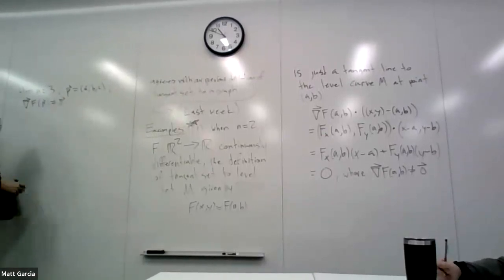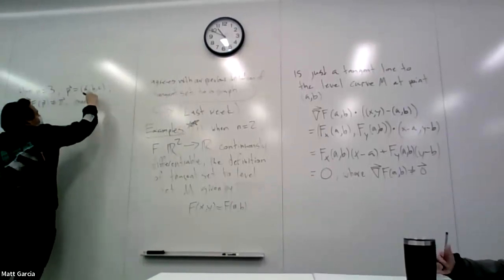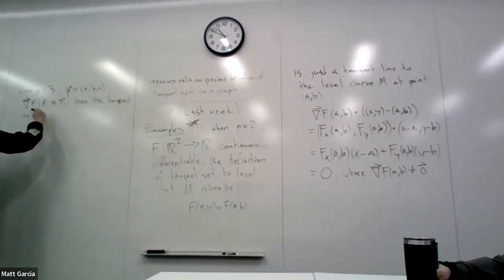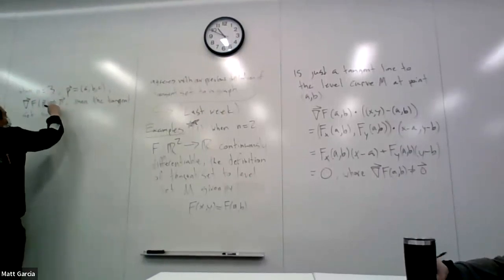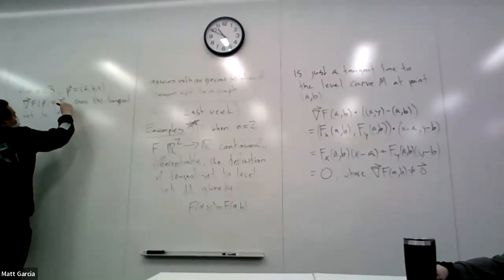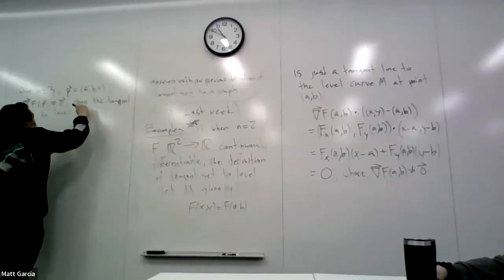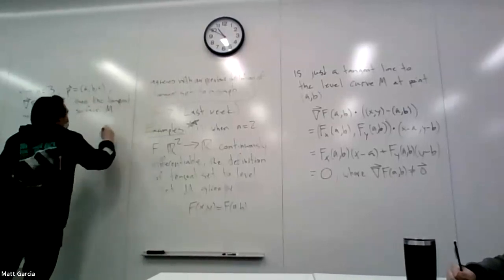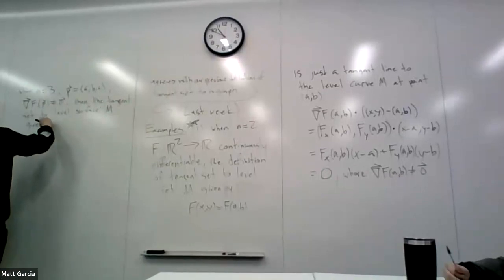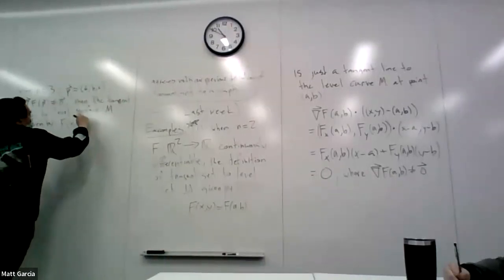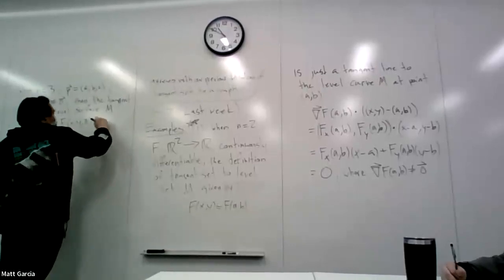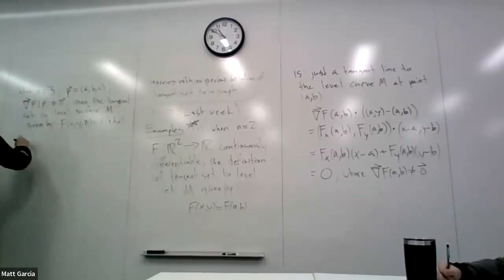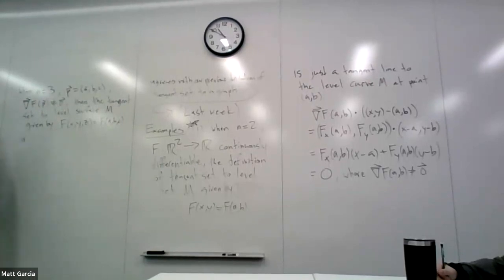What do we get for the tangent set? Then the tangent set to the level surface M, given by f of x comma y comma z is equal to f of a comma b comma c, is what do I get here?